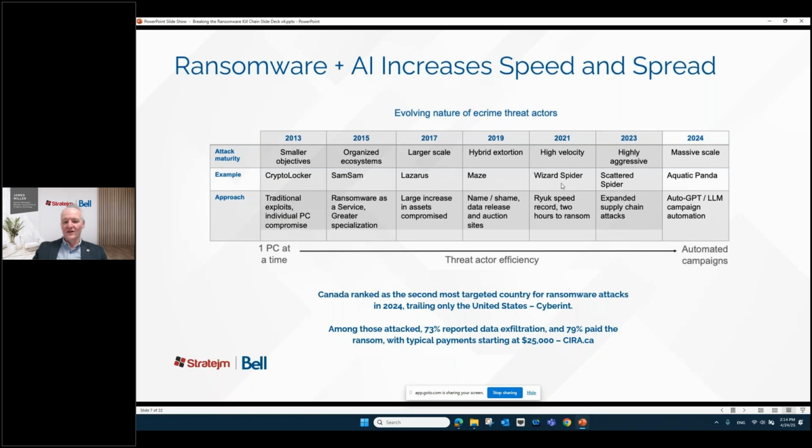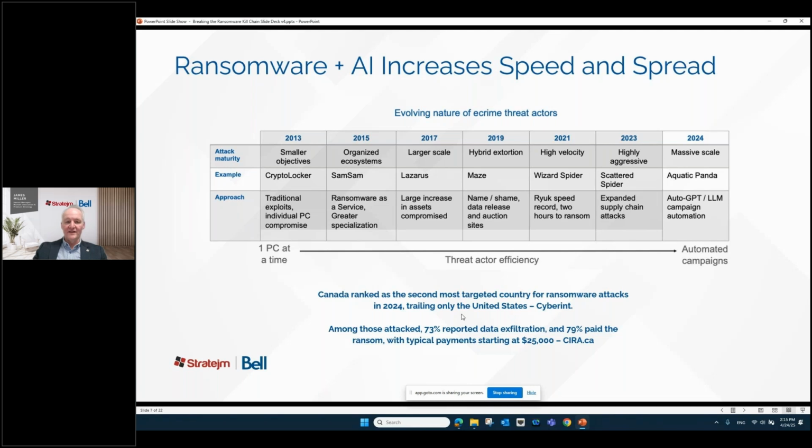And then now, not only are we seeing AI increase the speed to under an hour, to minutes, we are also seeing the massive scale of ransomware because of ransomware as a service. And having the AI in the malware and then putting it on the market means, as I said, very low-tech threat actors can now be very dangerous organizations to deal with.